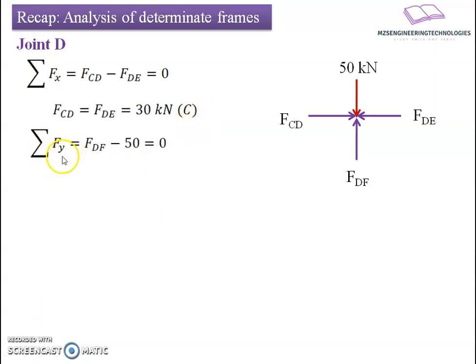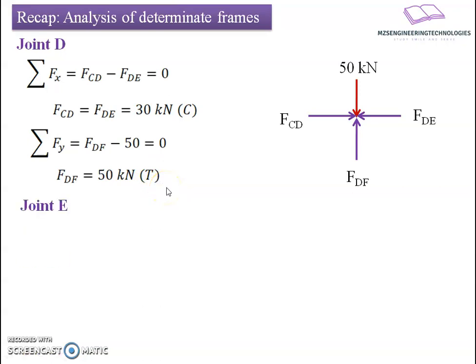Similarly, summation of vertical forces results in FDF minus 50 equals 0. This means FDF equals 50 kilonewton, and sorry, it should be compression in nature. I have put tensile here. So these two forces are compression in nature, that's why read this as compressive in nature.